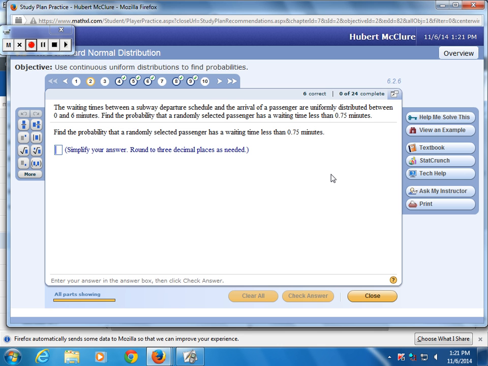It says the waiting times between a subway departure schedule and the arrival of a passenger are uniformly distributed, hint, hint, between 0 and 6 minutes. Find the probability that a randomly selected passenger has a waiting time less than 0.75 minutes.